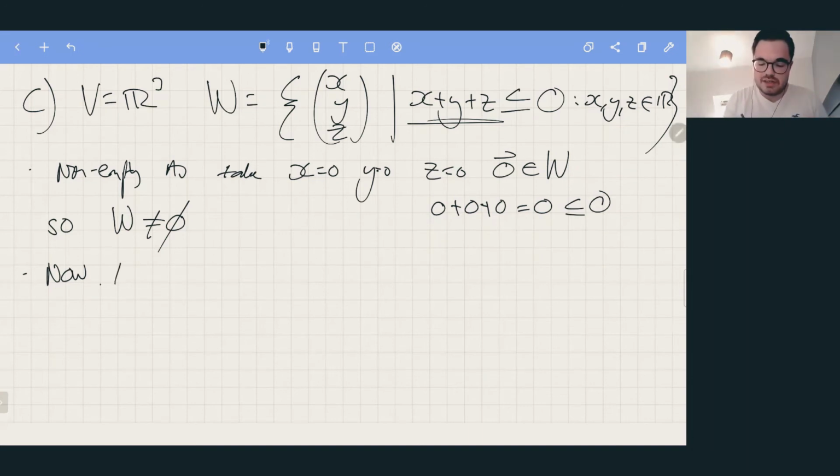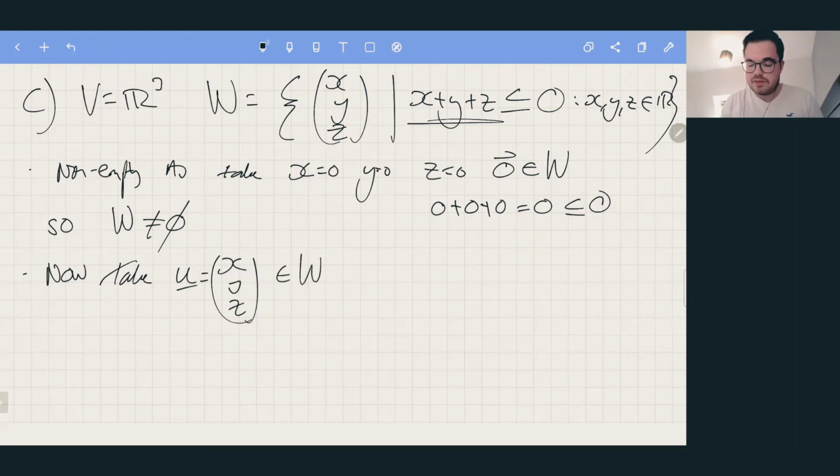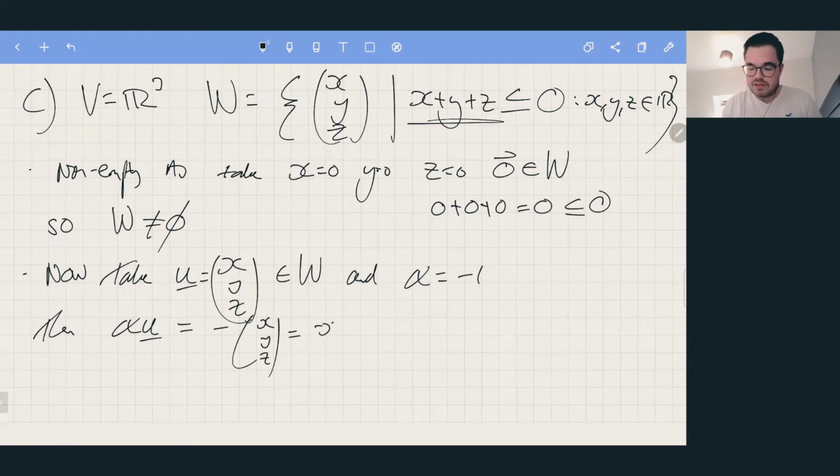So let's take u to be equal to x, y, z, which is in W, and alpha to be equal to -1. Then alpha of u is equal to negative lots of x, y, z. That's negative x, negative y, and negative z. Now, is this in W? Well, let's check.